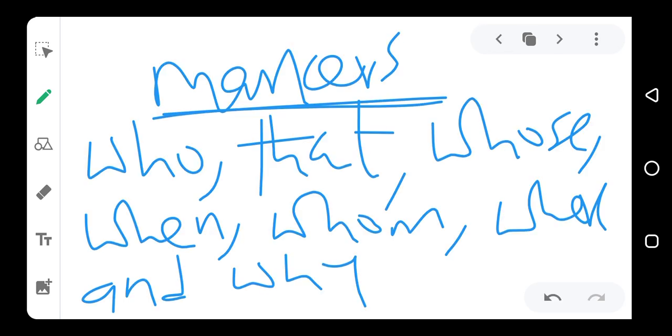But when these markers come immediately after a noun, we suspect an adjectival clause.